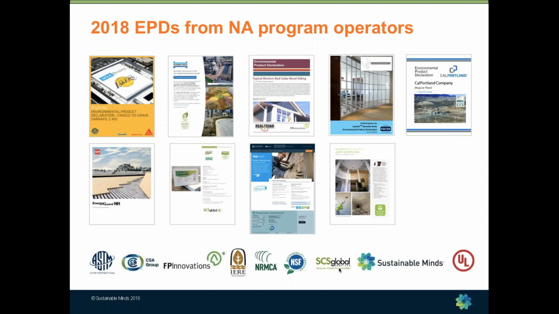So to become a program operator, an organization must publish a governance document and make that governance document public on their website for anybody to then access and download and read about how they run their program. So number one, if you're looking at different program operators and how they operate, go find their governance document. You may not be able to find the governance document for every program operator, but go take a look because that's one of the requirements.